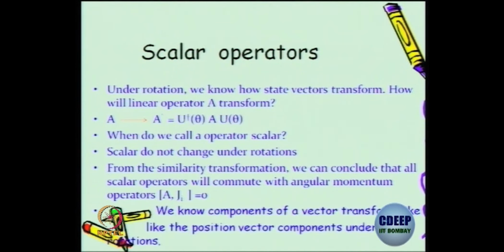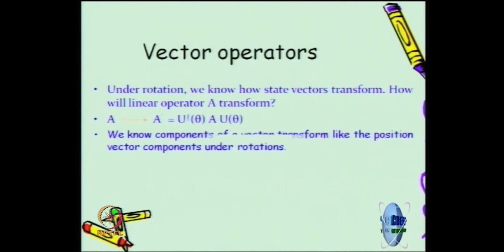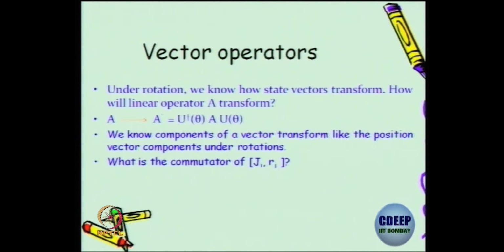So now what happens to the vector operators? Vectors in classical mechanics transform like the components of a position vector, and the corresponding vector operator should transform like the position operator. So if you put that in, you have how A prime will transform, like a position vector, which we have elaborated.